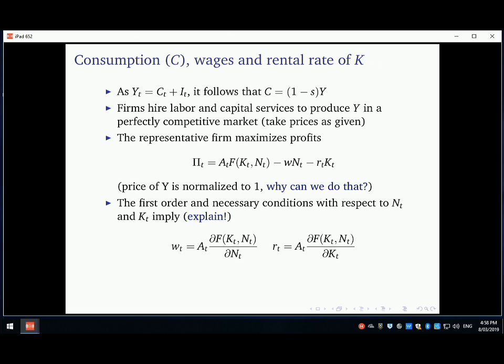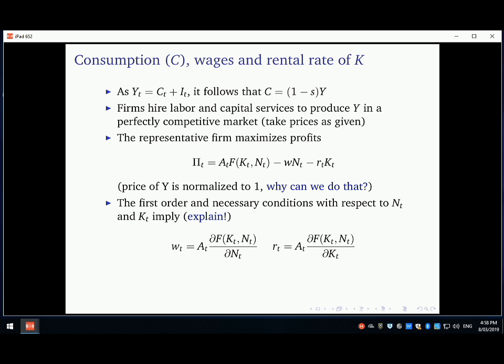Okay? Good. So now we take these two equations as given. These equations are how we back out what is the wage in the economy and what is the rental rate of the economy. So now, from whatever happens to K or N, we can infer what happens to W and R. That's essentially what these equations are telling us.